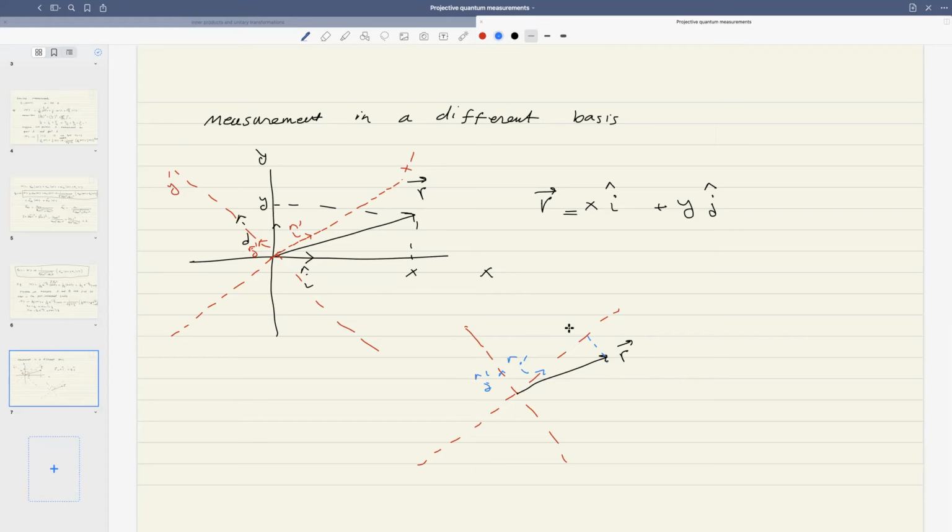So from here to here, I can imagine some x prime that's going to be a different number. It's not going to be the same as x. And from here to here, I can imagine some y prime, such that the same vector r is given by x prime i prime plus y prime j prime.